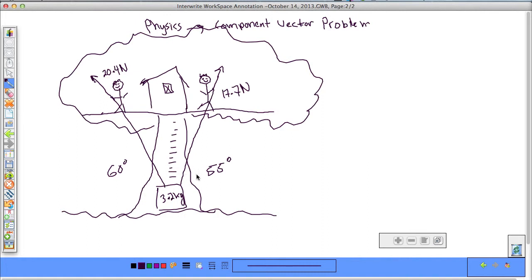So the question is, what is the total amount of force that these guys are able to pull on this box, or what is the total amount of force needed for these guys to pull this box up?